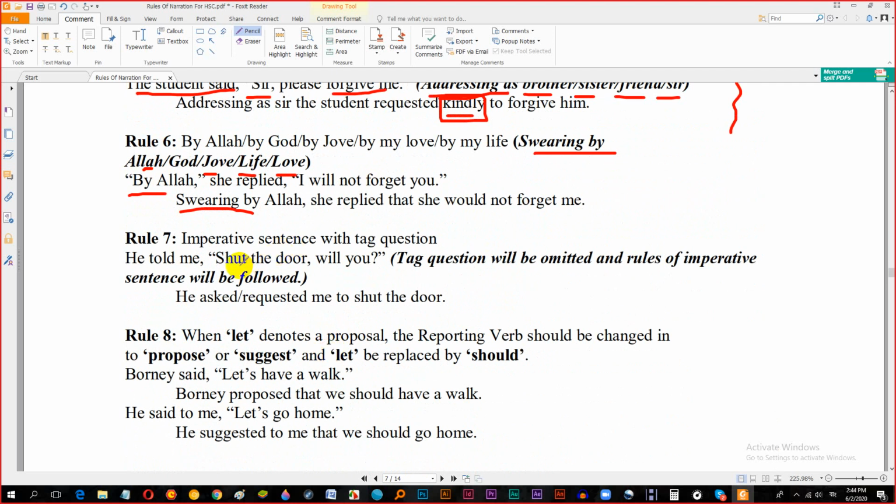Okay, then imperative sentence with tag question. Actually, it was Eid day, and after many days we have just returned again. So it may happen that you are away from your study. So if we revise, there will be no problem. Next day, when I take the exam, I will see who becomes first.